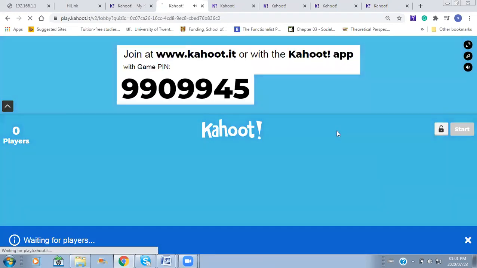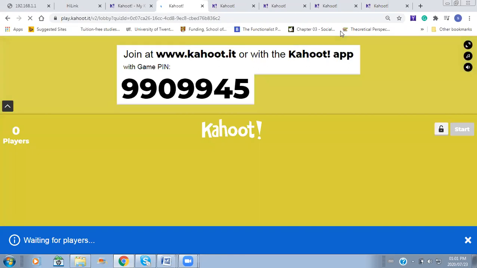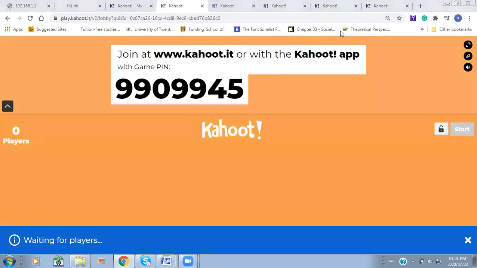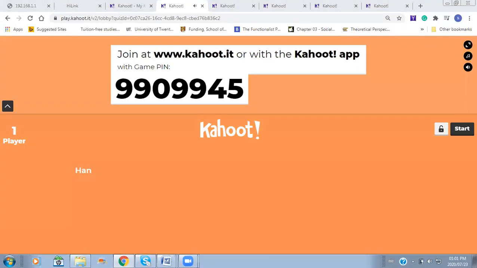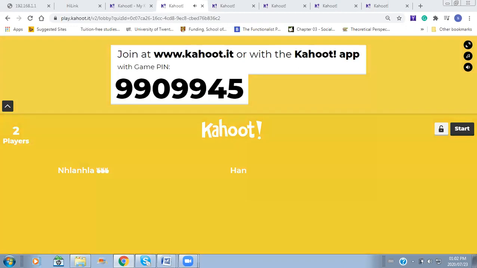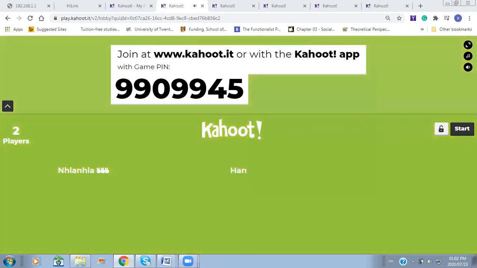So watch, the game pin is, look at the game pin there. The game pin is 99099945. Yes, I can see Tlantla here. I can also see Han.